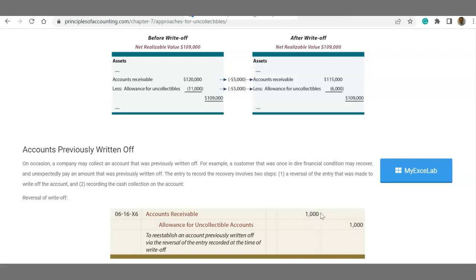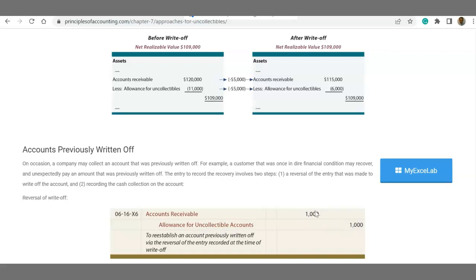So he gives you a $1,000 check, but before you deposit the check, you do a journal entry. You reverse whatever you did before. So you debit accounts receivable this time, and you credit allowance for uncollectible accounts for $1,000.